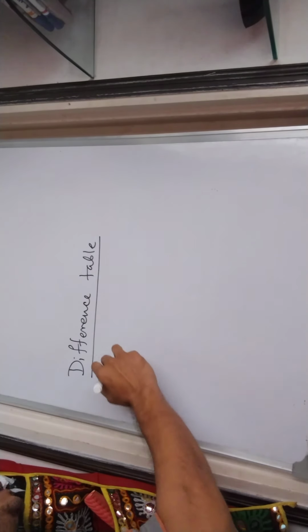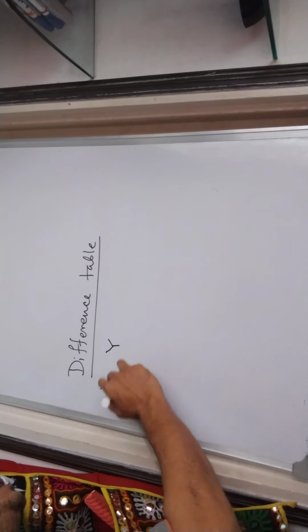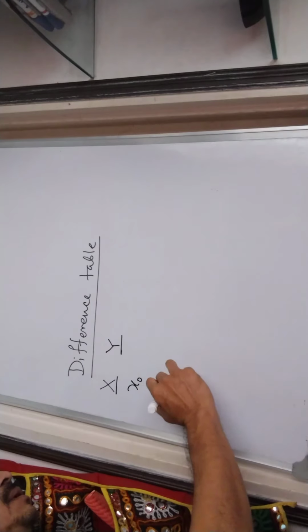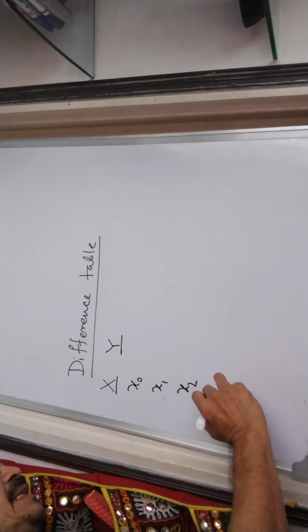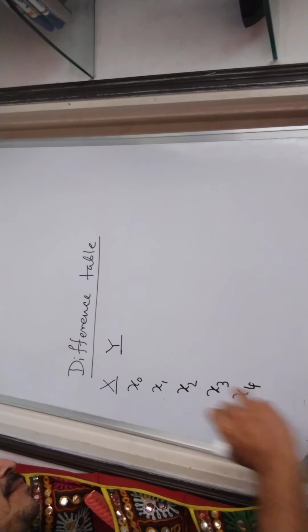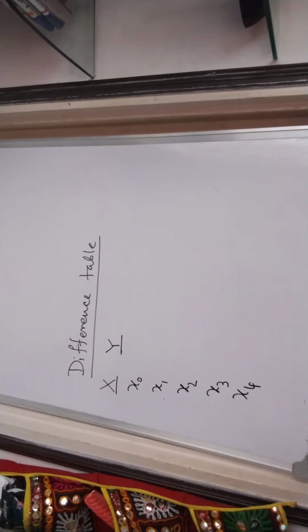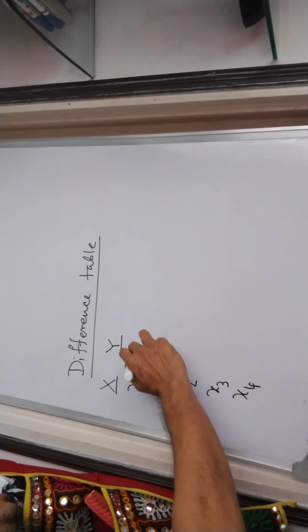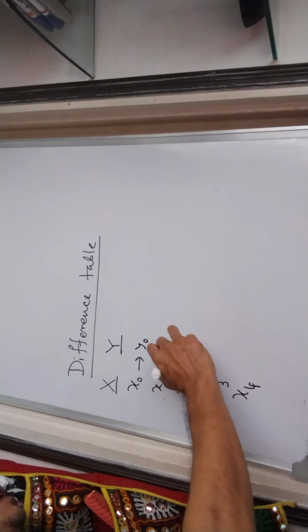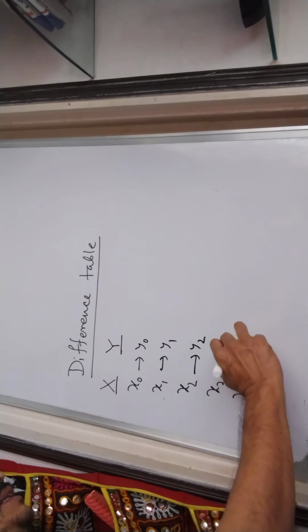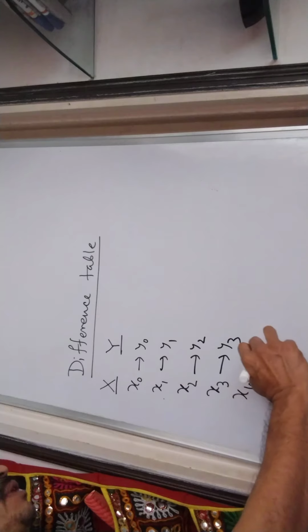We know that if x and y are a set of data, x0, x1, x2, x3, x4 and correspondingly y0, y1, y2, y3 and y4.